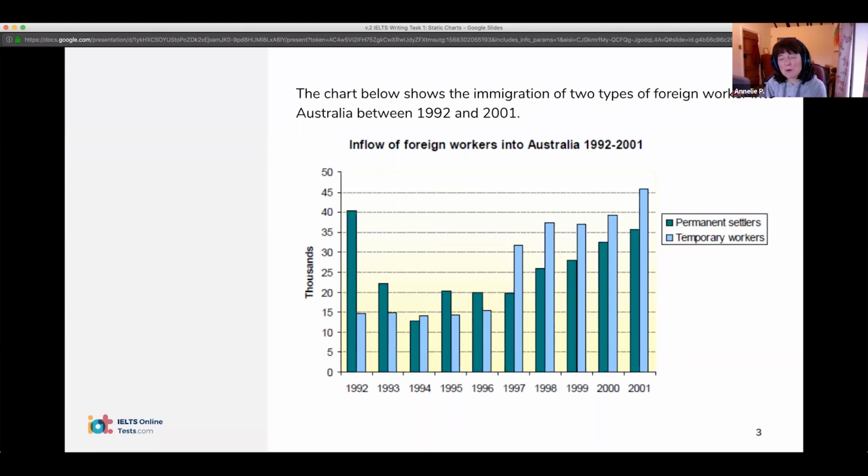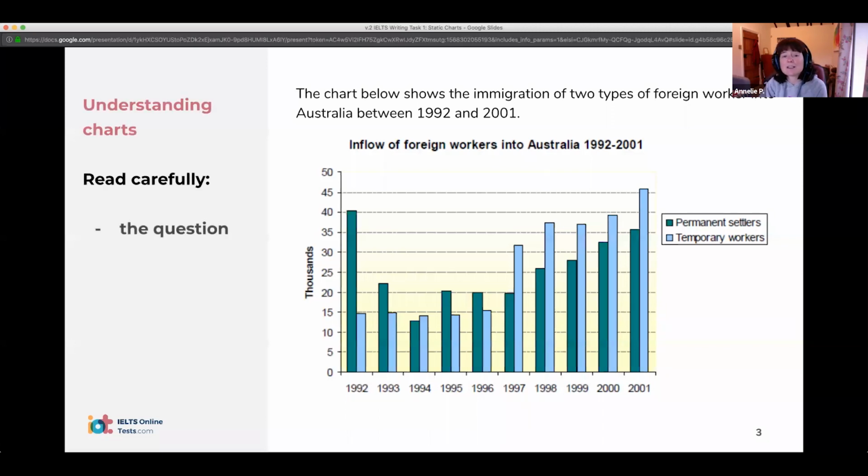So just have a quick look at this bar chart here. One of the most important things to do with all of the writing tasks, to be honest, with IELTS, is spend a little bit of time looking at the question and making sure that you know exactly what they're talking about and exactly where we are.